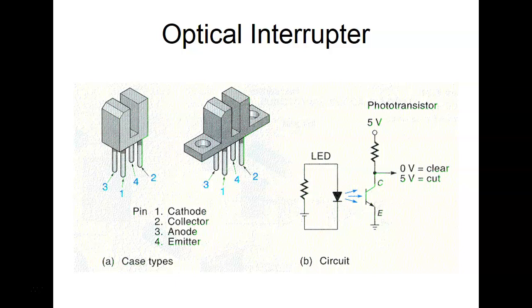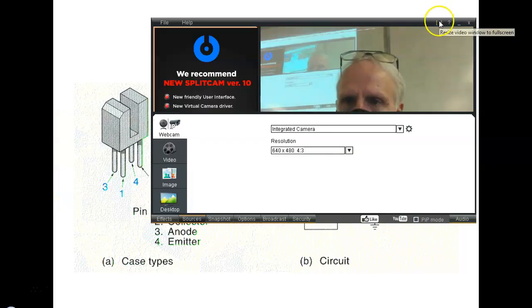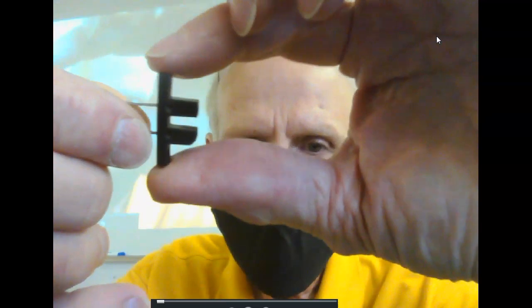So this is an optical interrupter. I don't know if it'll show up, but one of them is labeled D and one is labeled E. E would be the emitter and D would be the detector.